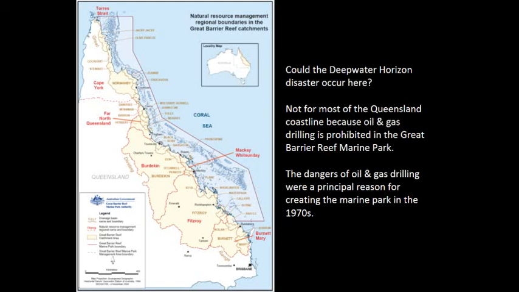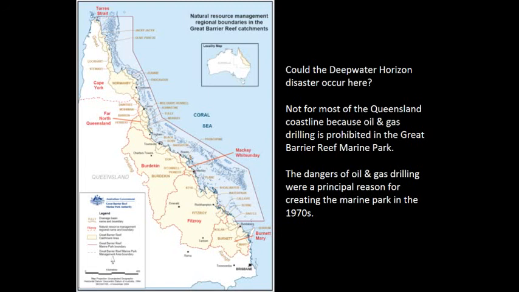In Australia, there was such public pressure to protect the Great Barrier Reef that our federal government declared, the principal reason for declaring the Great Barrier Reef Marine Park was to make it off limits for oil exploration. Not allowed to even explore for minerals or oil and gas within the Great Barrier Reef, let alone actually extract it. So effectively in Australia, we have prohibited oil exploration on a huge chunk of the coast, which surely must have a lot of oil in it if we wanted to tap it.